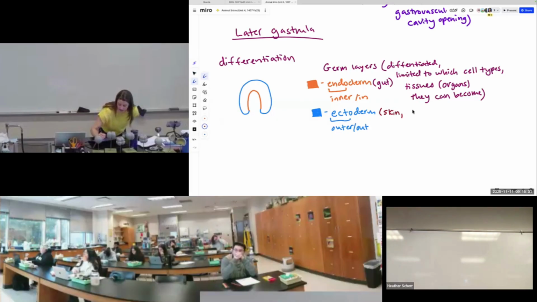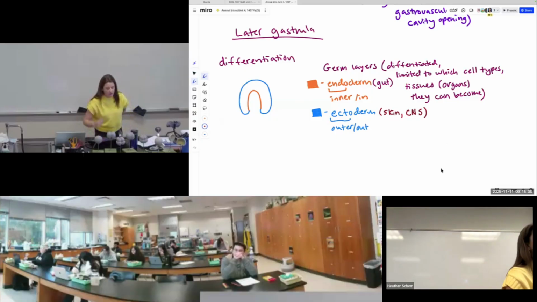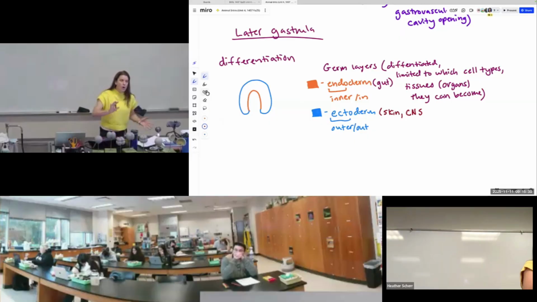CNS is what I'm going to write, all caps. If you don't know what that means, you can write central nervous system, which means brain and spinal cord, or brain and nerve cords, or ganglia and nerve cords. There are different versions of it depending on the animal, but it's going to turn into that central nervous system, which is your major nerve collections of neurons.